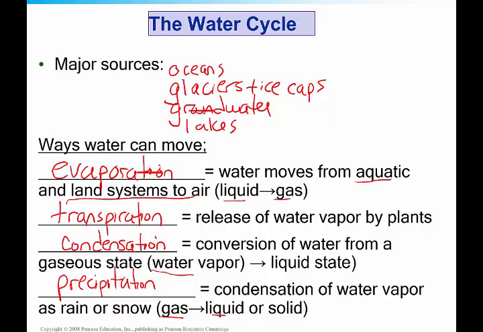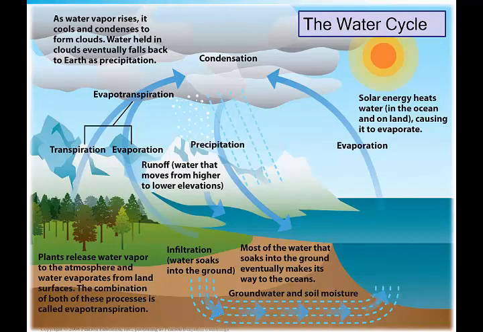Now, water falling back to Earth is not readily available to most of our planet's population. So here we have the water cycle. And if we start here, we can start with the sun and solar energy.